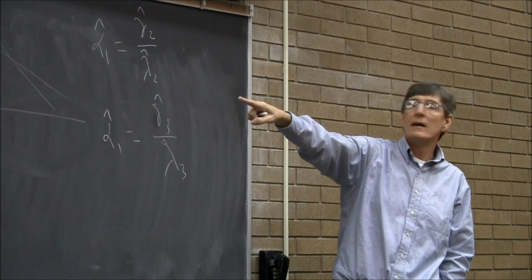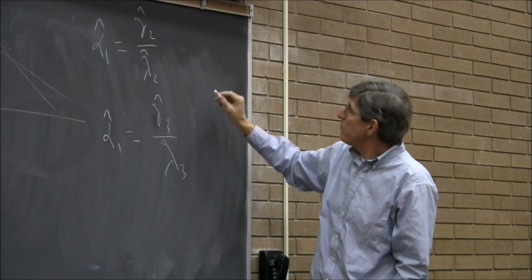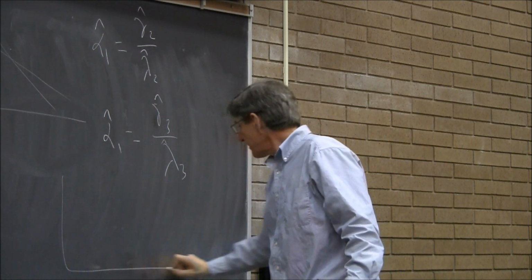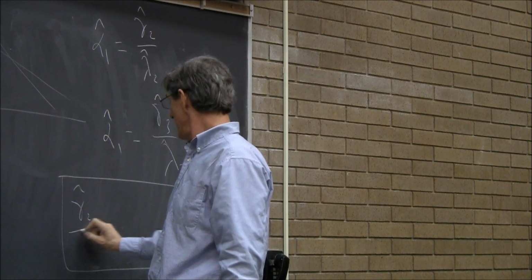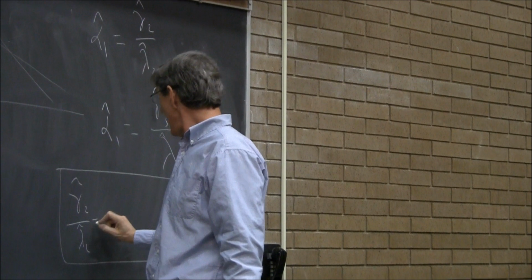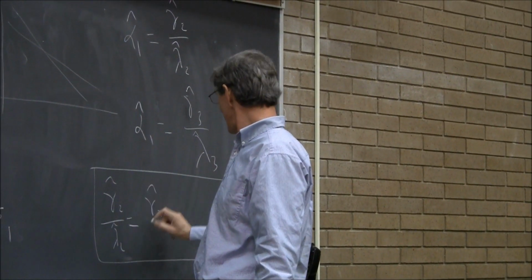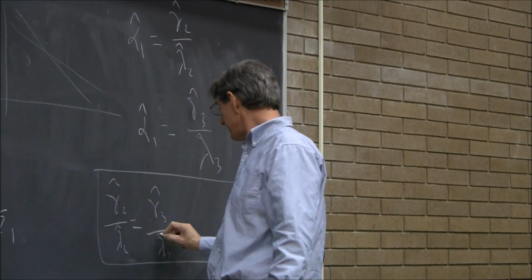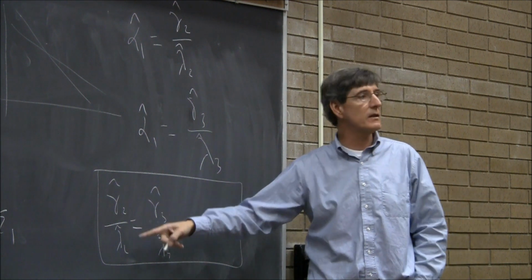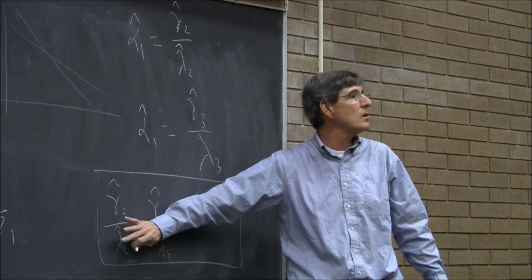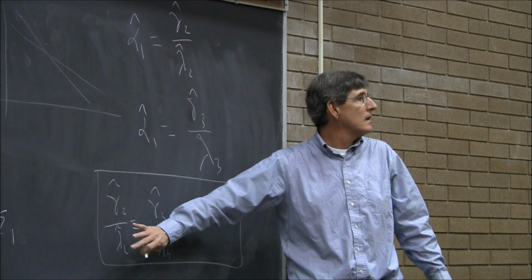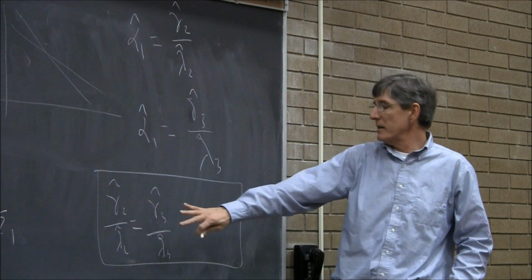And so we'll find implicitly then, there's a restriction that gamma 2 hat over lambda 2 hat has to equal gamma 3 hat over lambda 3 hat. Implicitly, there's a restriction like this that needs to be imposed, but nothing in the estimation imposes it. It's a nonlinear restriction.